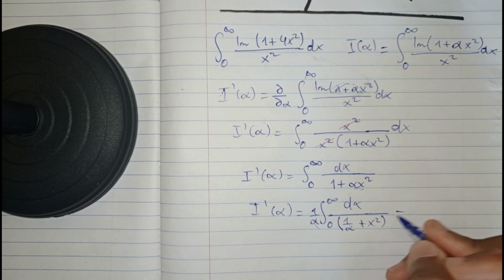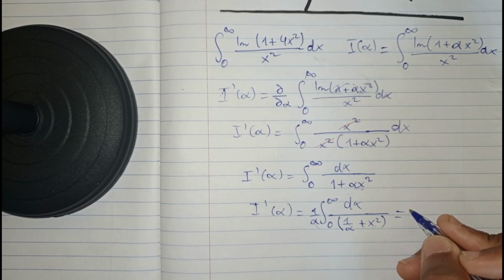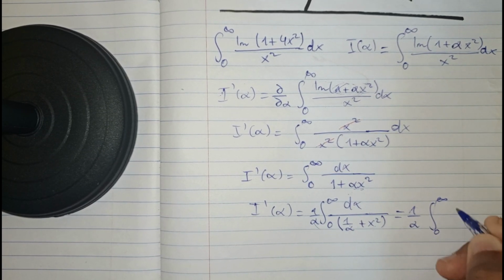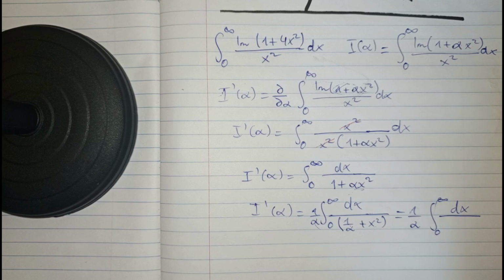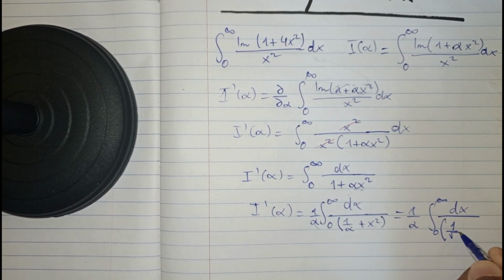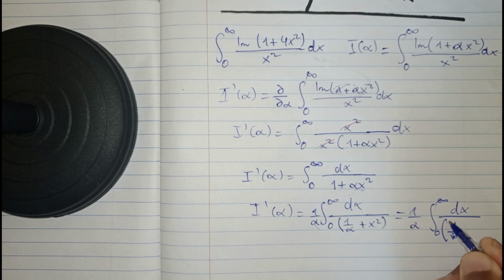I don't know whether you have already seen what I'm doing, but the 1 can be written as 1 over square root of alpha, squared, plus x squared.